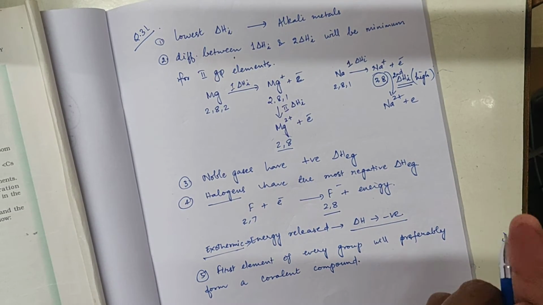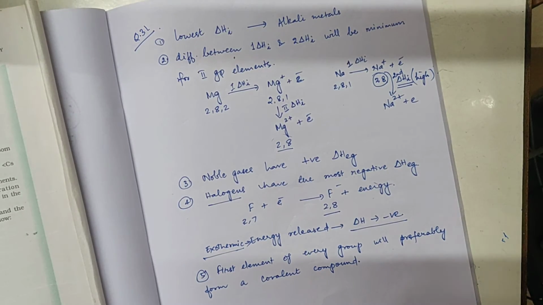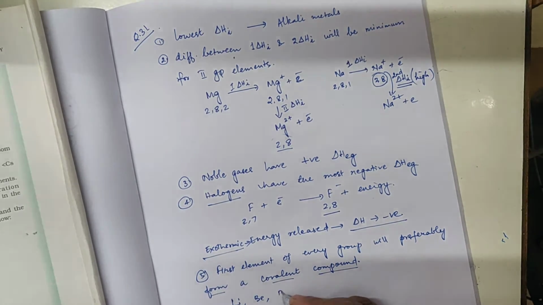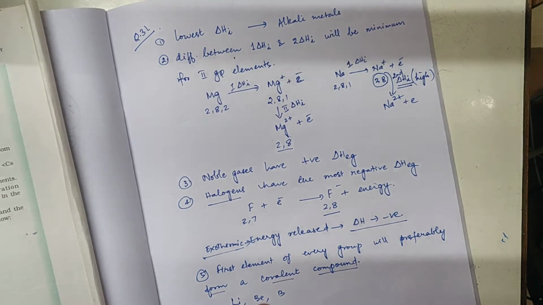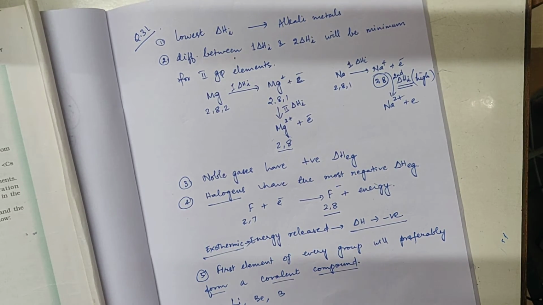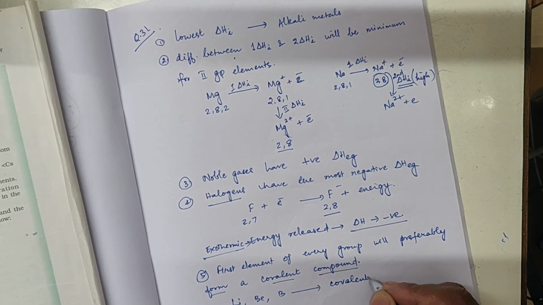So becoming an ion is also difficult. A positively charged ion cannot be made from the smallest size atom. So first element of every group will preferably form a covalent compound. Okay, so this also you need to remember. Say for example lithium, beryllium, boron. These are the first elements of every group. First element of first group, first element of second group, first element of 13th group. So like that, these are all the first elements, and they will preferably form covalent compounds.